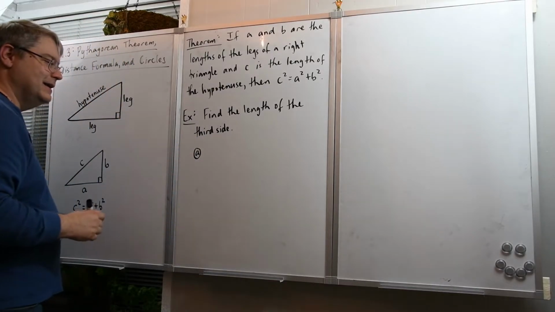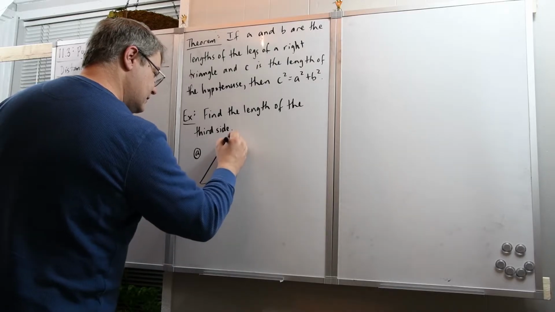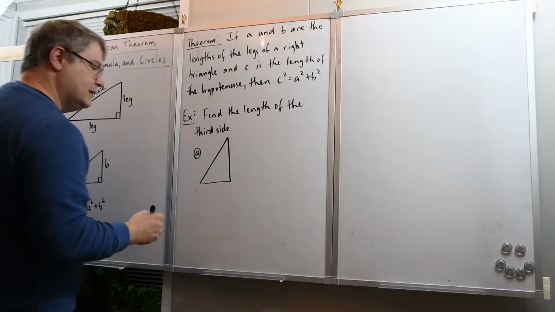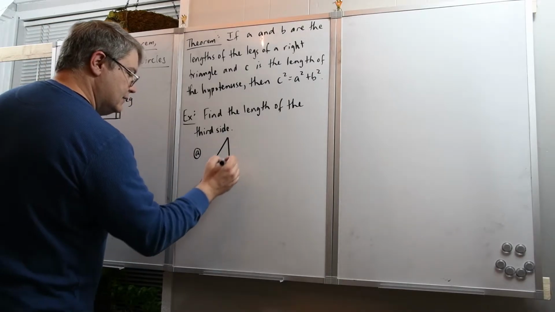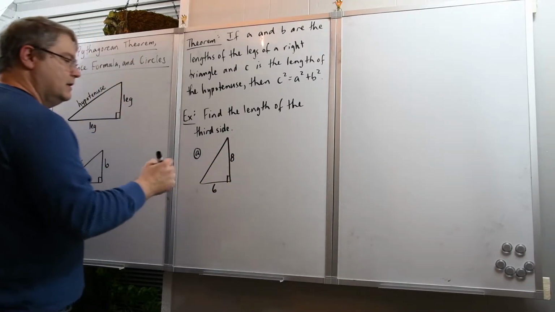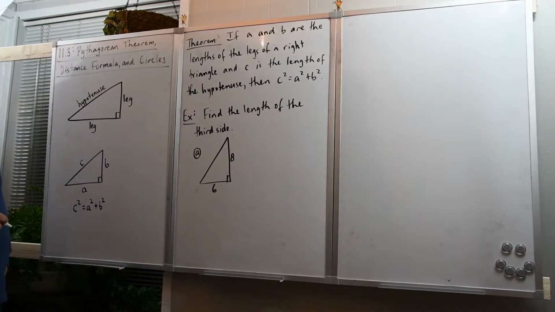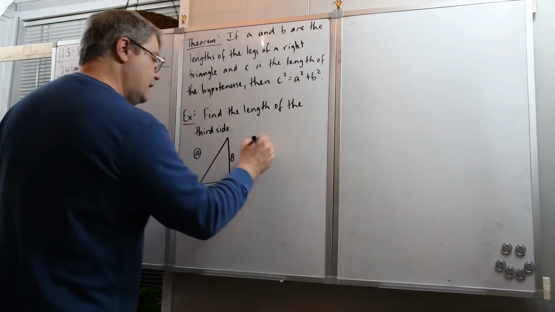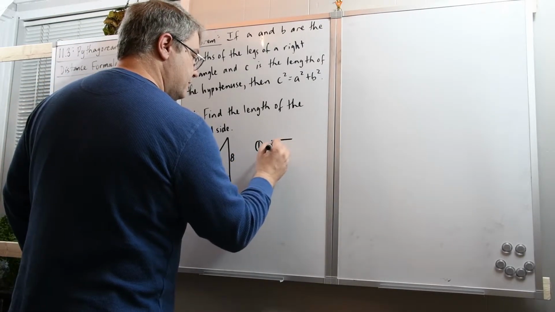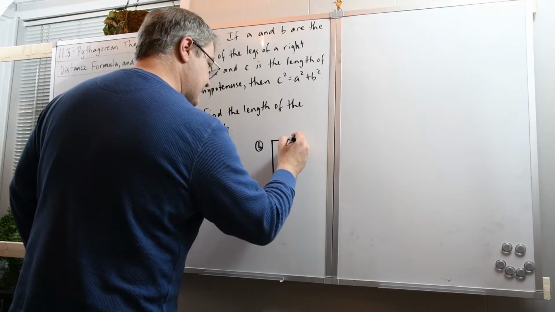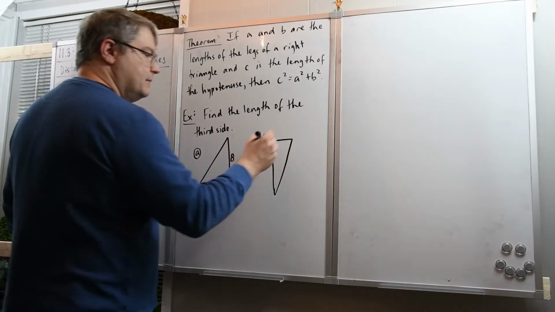So in part A, let's suppose that you have a picture that looks maybe a little bit like this. You'll have your right triangle sitting there, and let's say that this side has length 6 and this side has length 8. What is the length of that third side? You could have another situation in which you have a right triangle oriented that way.